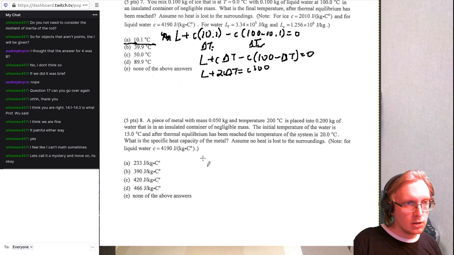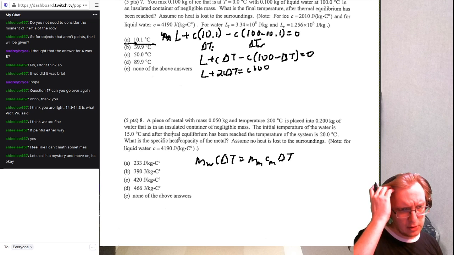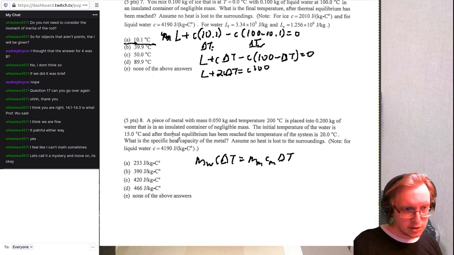Okay, so this time we have mass of the water times C delta T is equal to the mass of the metal, Cm delta T. Our total is initial temperature and final temperature. If anything goes wrong here, at least this should be a minus sign.